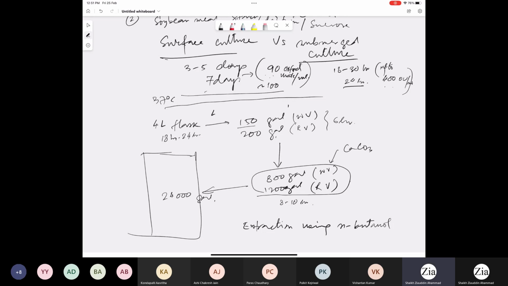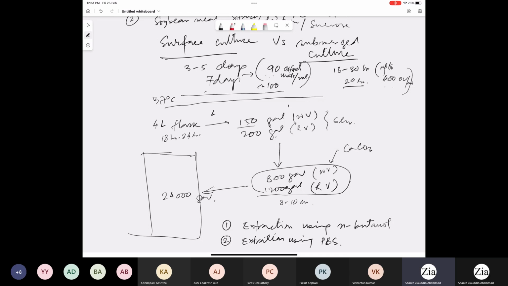That is the initial extraction, extraction one, and then you do the second round of extraction using PBS, buffer solution. So it will get transferred to the aqueous phase then.